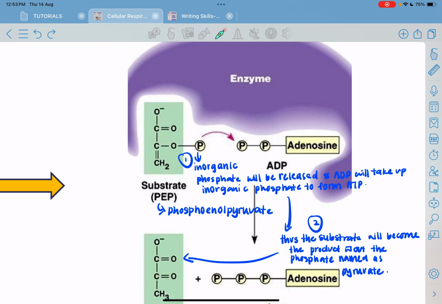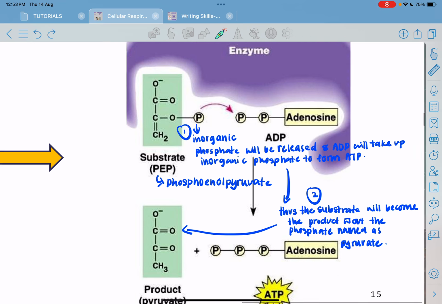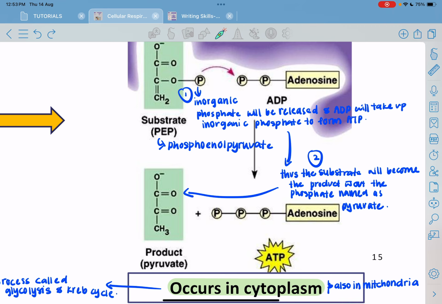So when we have the substrate, it's bonded with inorganic phosphate in the molecule. We don't want this, because we want to form ADP into ATP. So we just let go of this phosphate to the ADP. The ADP will take the inorganic phosphate to become ATP. Thus the substrate will then become the product without the phosphate, named as pyruvate.